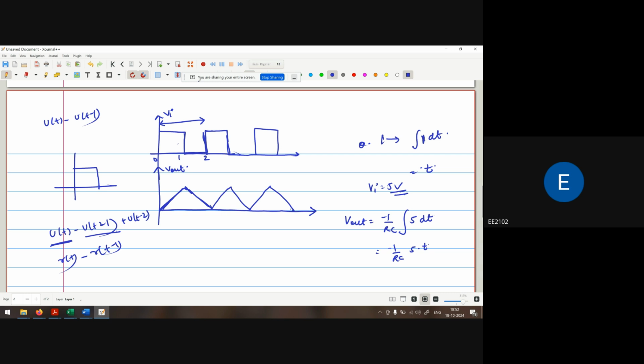Again, at 3, it will be reducing, so minus u of t minus 3. Again, it is plus r of t minus 2 minus r of t minus 3. So again, this one plus this one. Yes, sir.